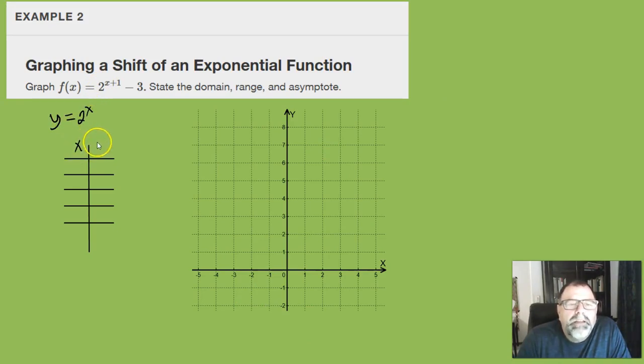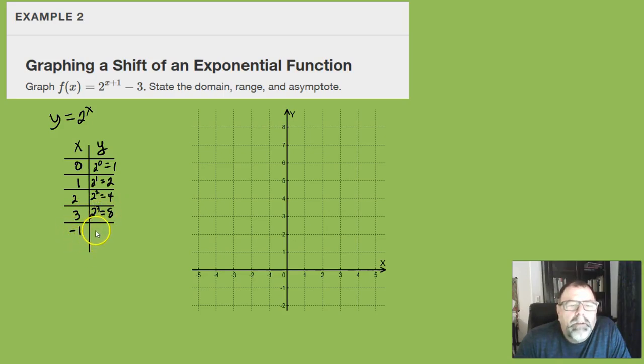So if I do x, y, I'm going to do 0, 2 to the 0 is 1. 2 to the 1 is 2, and since it's 2, I'm going to go ahead and go to 3. 2 squared is 4. 2 cubed is 8, because that's small enough.